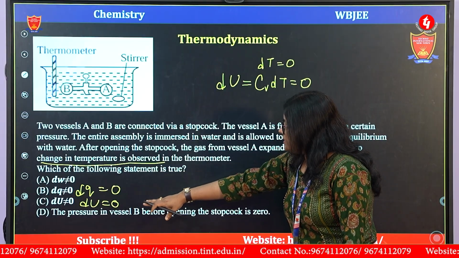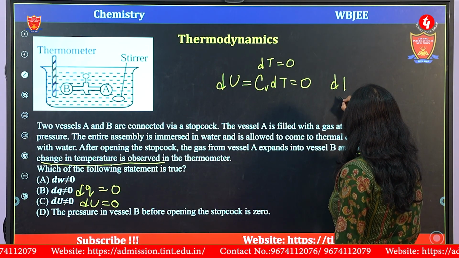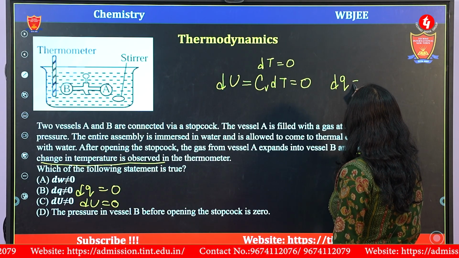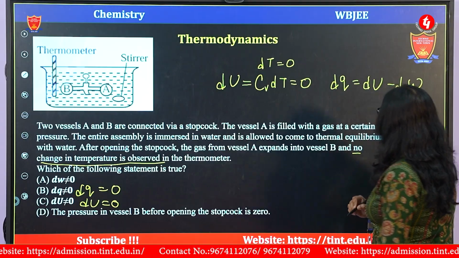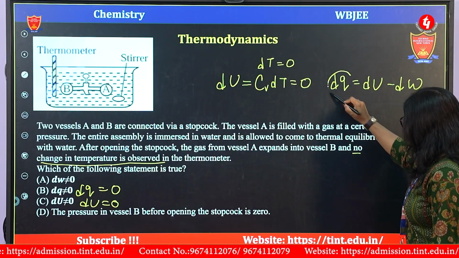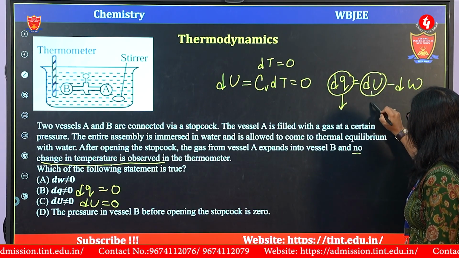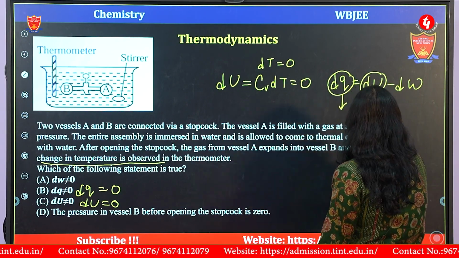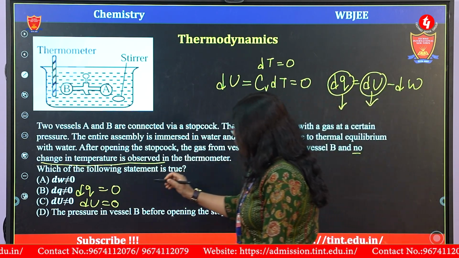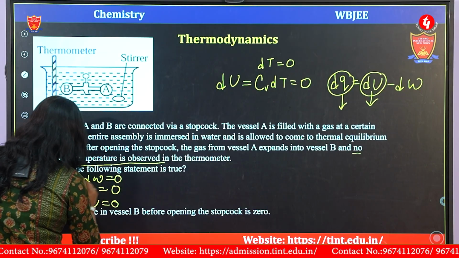When dq and dU both are 0, from the first law dq equal to dU minus dw, you can say dw is also equal to 0. So, work done dw is equal to 0.